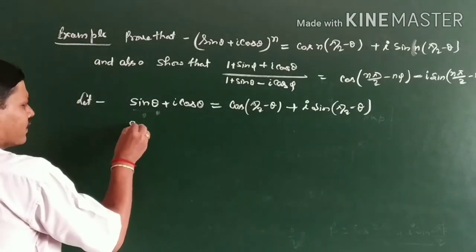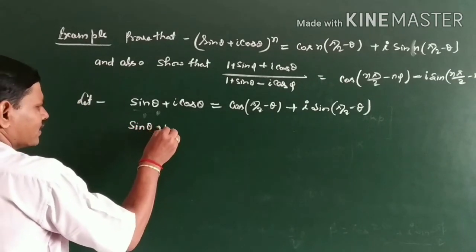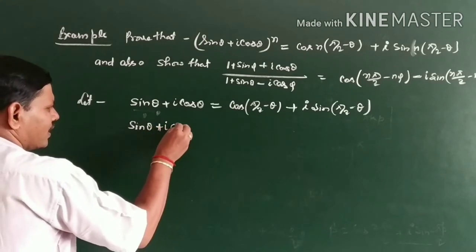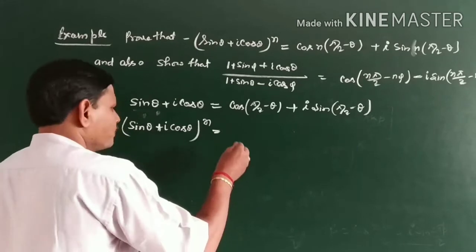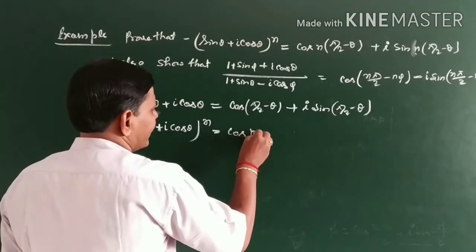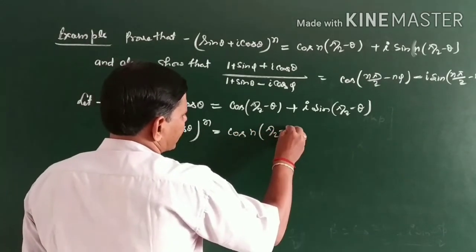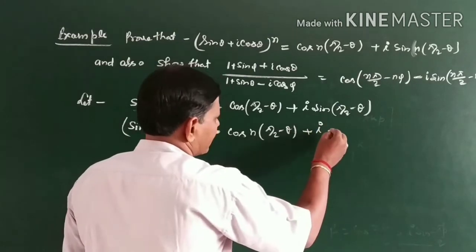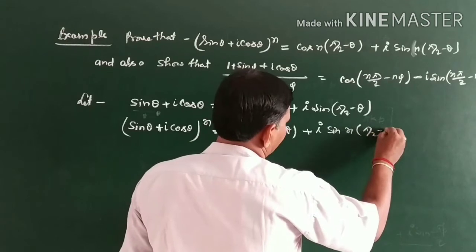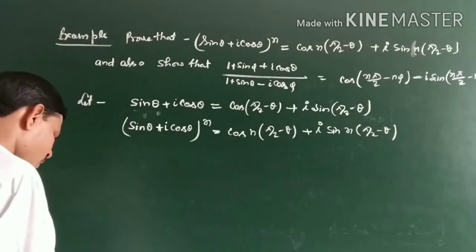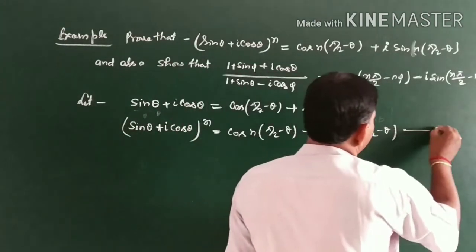Then (sin theta plus iota cos theta) to the power n is equal to cos (n pi by 2 minus theta) plus I sin (n pi by 2 minus theta). Equation number 1.